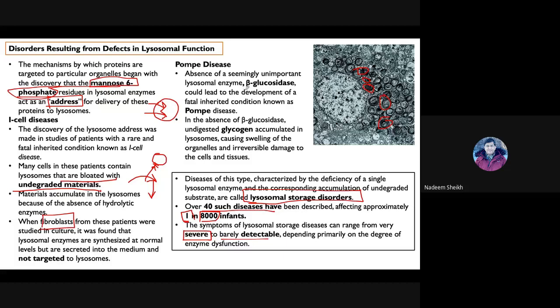This happens because of absence of the beta-glucosidase enzyme. As a result of the absence of this enzyme, the glycogen starts accumulating in the lysosome. And as you know, glycogen is a carbohydrate, a polysaccharide, and when it accumulates in the lysosome, an osmotic imbalance is created, because glycogen is in the lysosome.